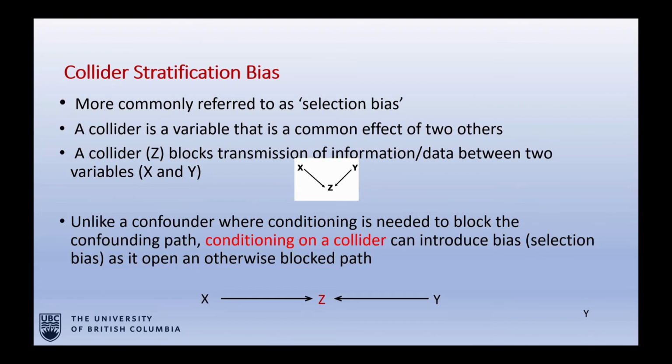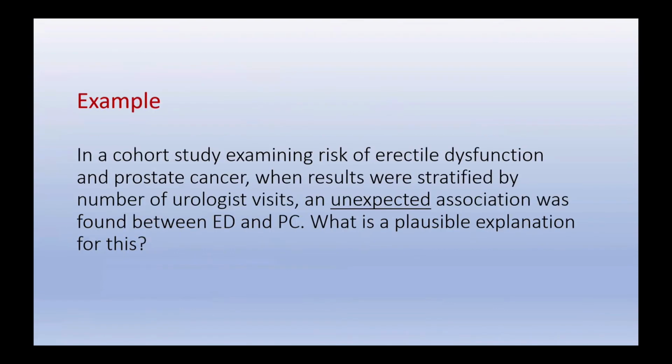So Z here is a collider because variables X and Y collide on Z, and as it stands, Z is actually blocking any flow of information between X and Y. But when we condition on Z, the opposite of confounding happens. It actually opens this unwanted path between X and Y. And that's when selection bias can occur.